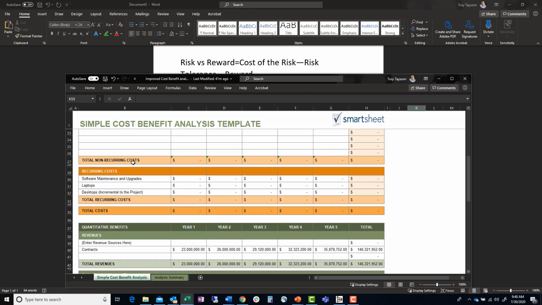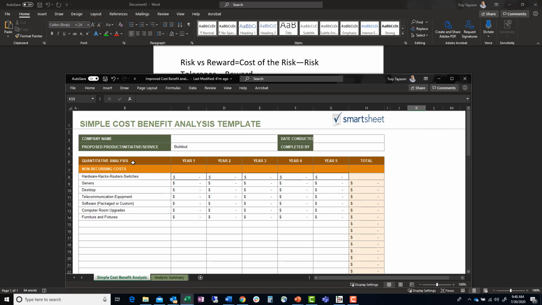In economic terms, quantitative means you can put a number to it, as opposed to qualitative, where it's more of a non-tangible benefit. Quantitative is hard science, it's math, and you can prove it. So you list all of your non-recurring costs, okay?